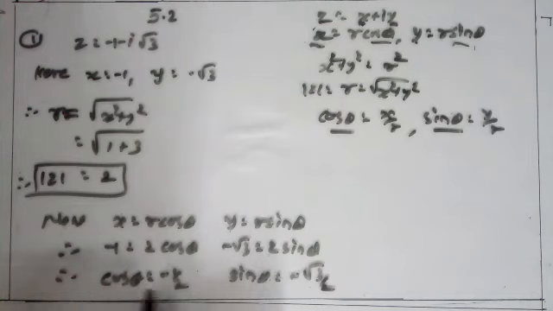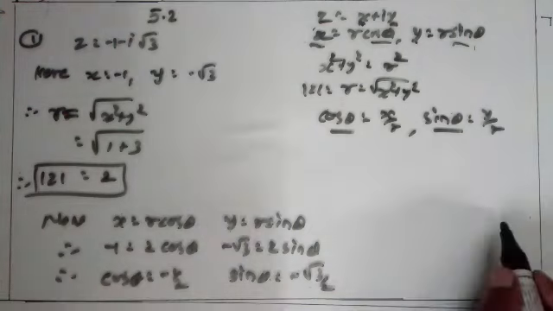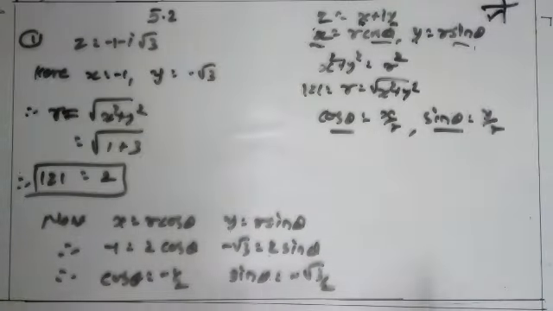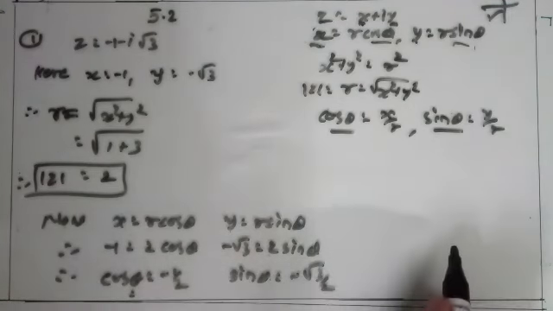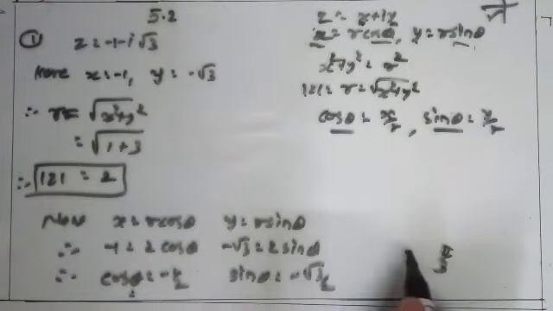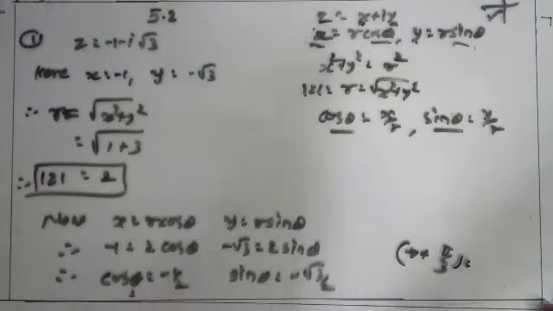Here cos and sin both are negative, and both negative lies in the third quadrant. And in the third quadrant, how do we get the value of theta? Remember this. Here cos theta is equal to 1 by 2, sin theta is equal to root 3 by 2, which happens only at pi by 3. And the theta lies in the third quadrant, so it becomes minus pi plus pi by 3. Clear this?